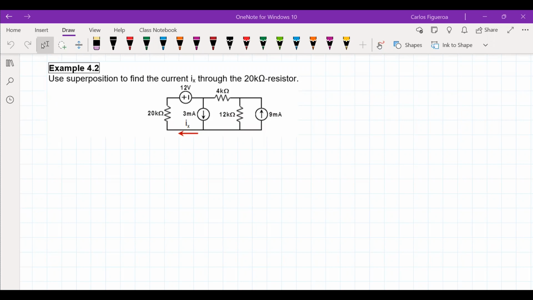Example 4.2, use superposition to find the current Ix through the 20K resistor.